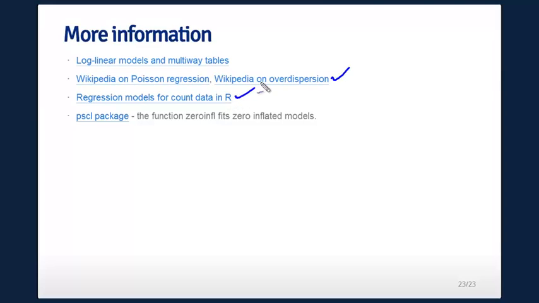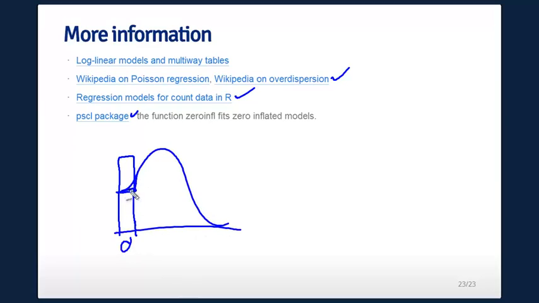There's this tutorial, and then there's this problem that occasionally occurs where the zero count is more than the Poisson model would expect, something that would look like that. The zero count has an extra amount in it that the Poisson model wouldn't anticipate.